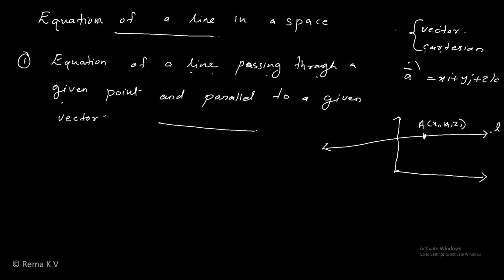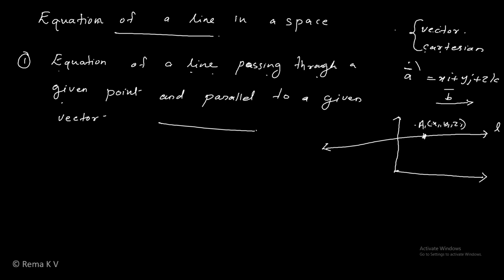We have to write the equation of this line L which passes through the point A, x1, y1, z1, and this line is parallel to a vector B. So these two will be given to us, that is, a point A, x1, y1, z1 and a vector B which is parallel to the line. We have to write the equation of this line L.